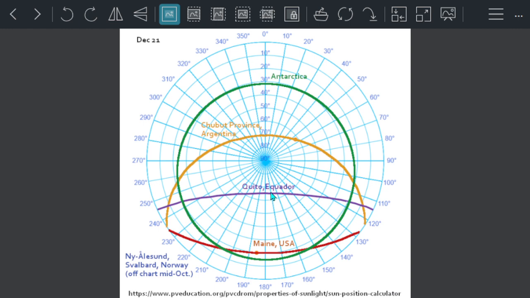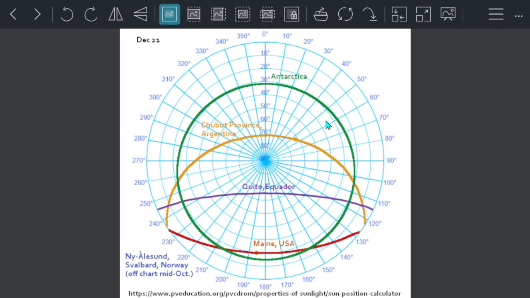So if you're standing here at noon and you're in Ecuador and you're looking south at the sun because it's in the Tropic of Capricorn, at 180 at solar noon, the elevation will be about 75 degrees. So if we count from 90, 80, 70, 65 degrees.